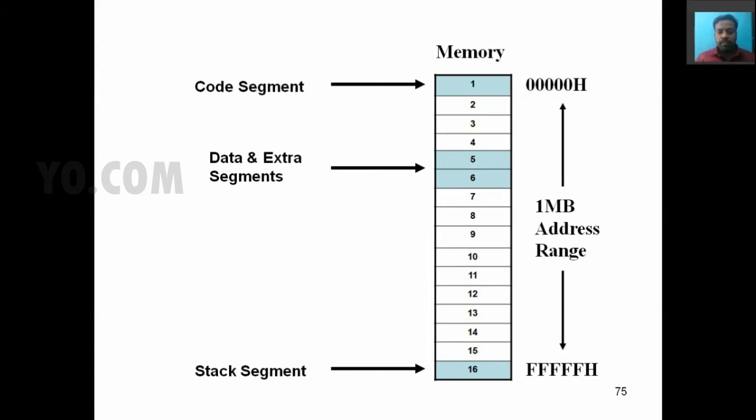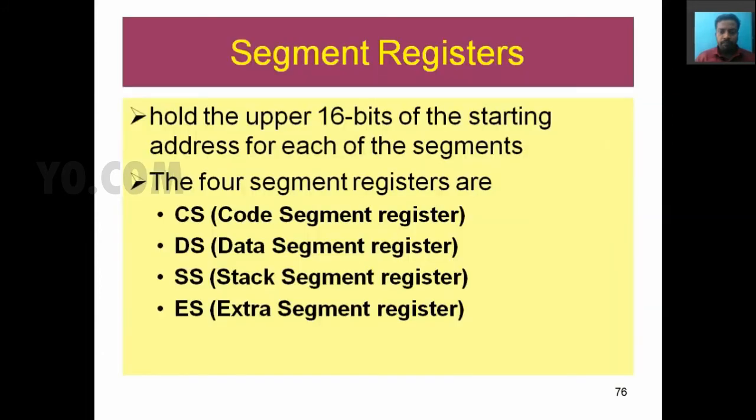Each segment register has 64 kilobytes. The segment registers hold the upper 16 bits of the starting address for each of the segments. The four segment registers are the code segment, data segment, stack segment, and extra segment registers.